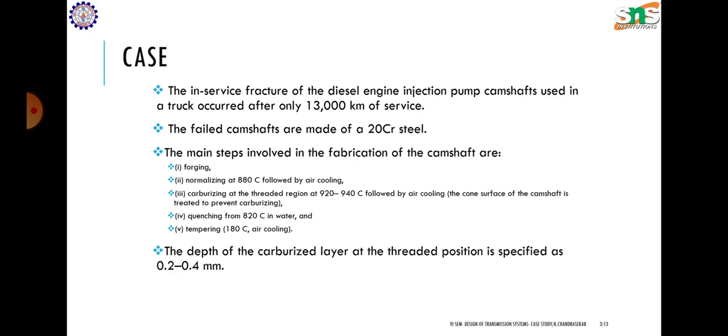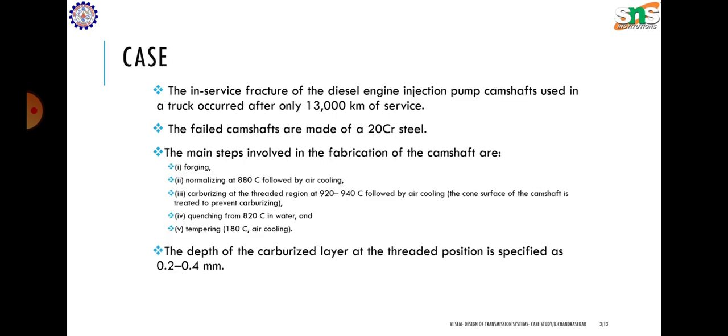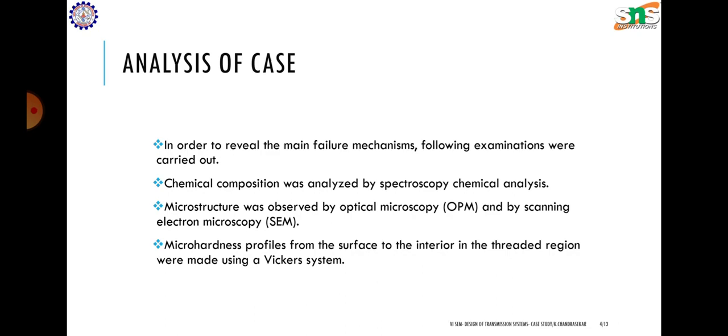So we can say that the case is failure of the camshaft after 13,000 kilometers of service. We need to find the reason for that failure of the camshaft.